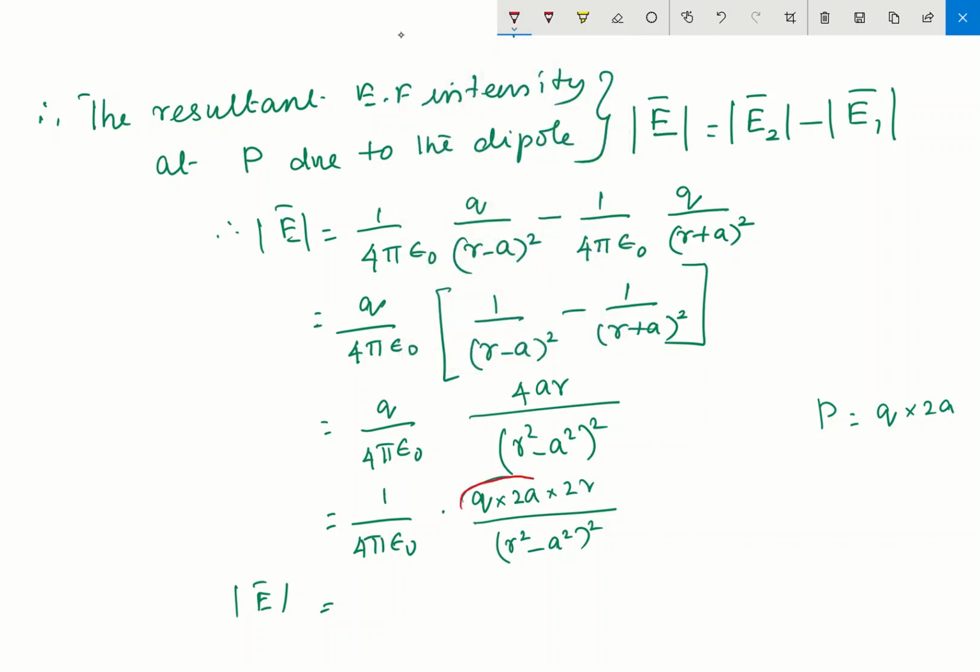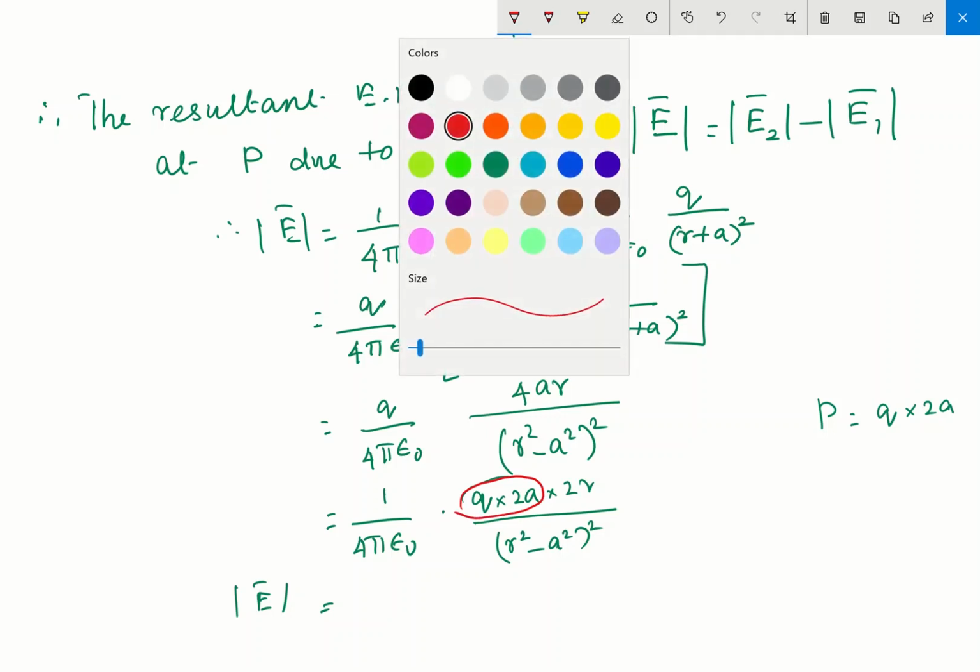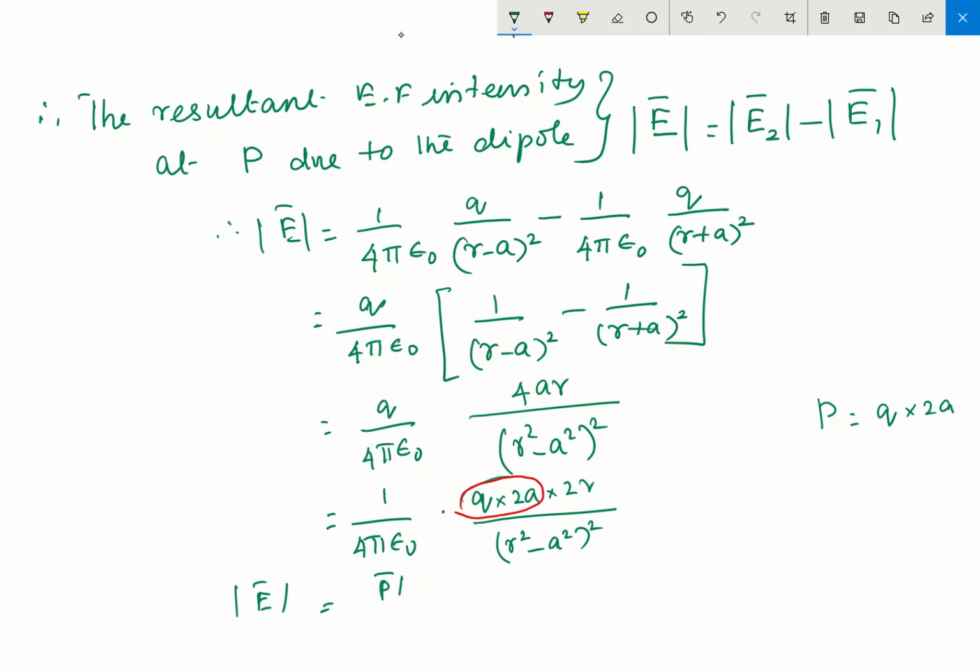Okay, this 2QA is nothing but P. Therefore, I can write this as P by 4 pi epsilon naught into 2R by r squared minus a squared the whole squared. Hope you are following. Okay, right. So, this is about the electric field, but this is only the magnitude.